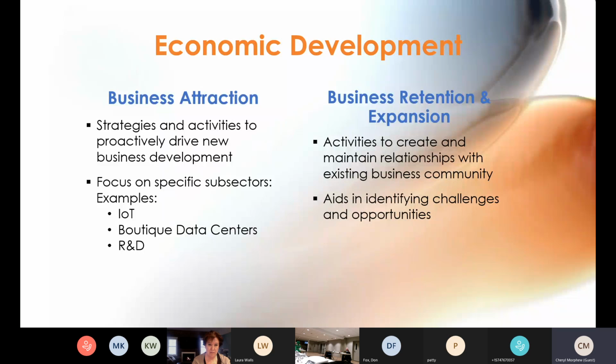What's nice about data centers, and they can fit in pretty much any community if you have the utility infrastructure, is that they create a lot of tax revenue because they're heavy capital investment, but they employ very few people, sometimes as low as 10 or 15, but they pay extremely well, anywhere from $50,000 on up.